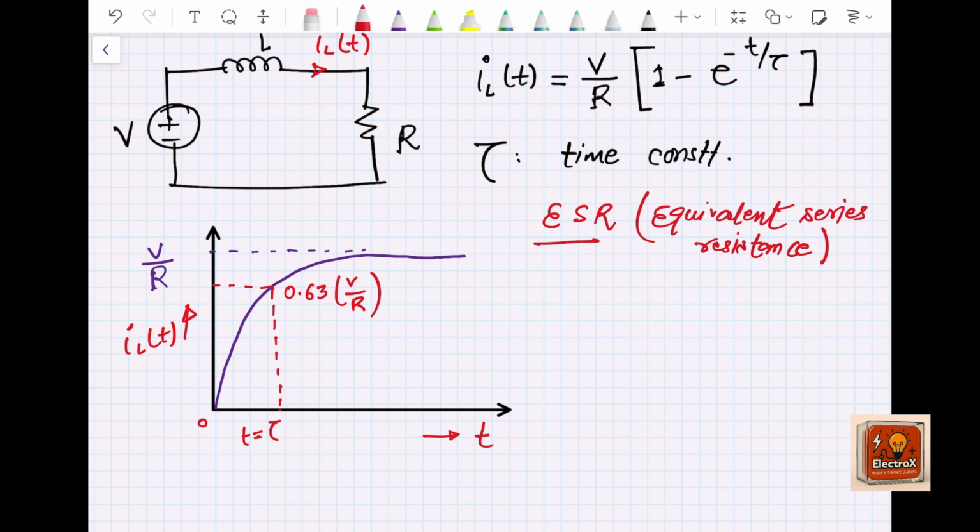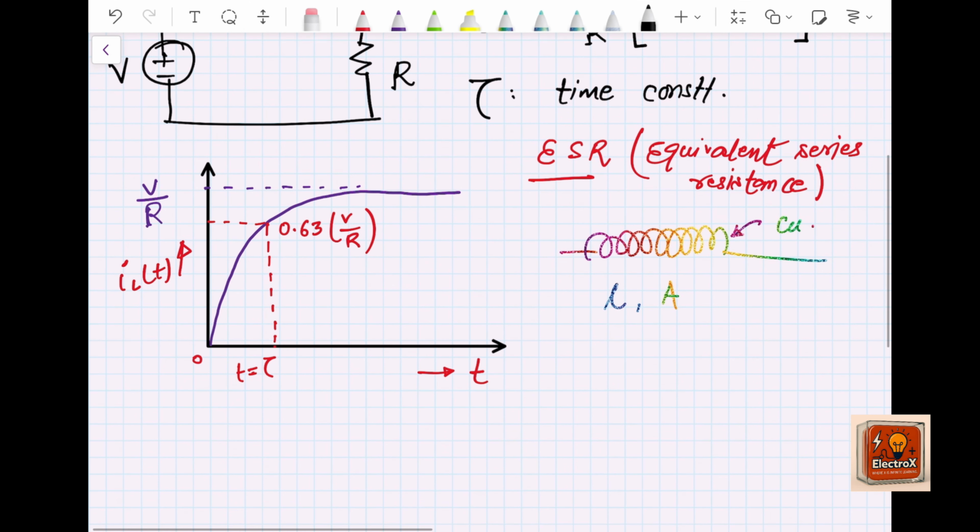When an inductor is wound using copper wire, the copper, or any material, has a certain resistivity, which is a property of the material. Depending upon its dimensions, length and cross-sectional area, we define the resistance of a wire.